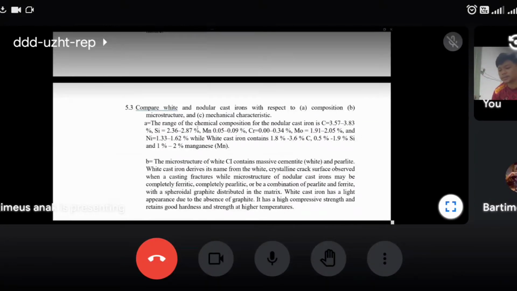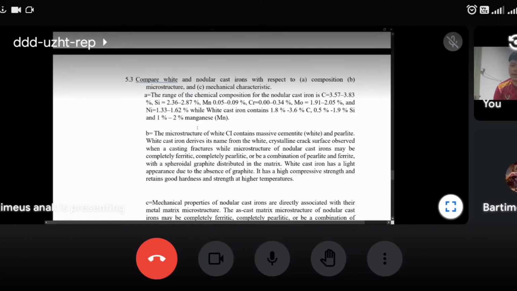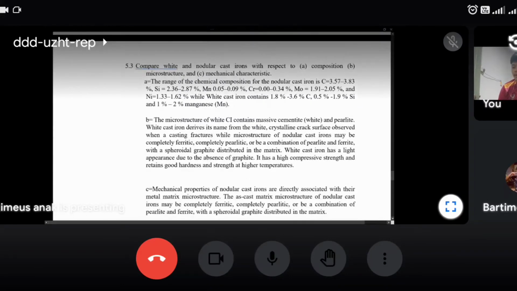For the composition, the range of the chemical composition for nodular cast iron is carbon 3.57 to 3.83, silicon 2.36 to 2.87, manganese 0.05 to 0.09, chromium 0.00 to 0.34, and the last one 1.91 to 2.05, and nickel 1.33 to 1.62.